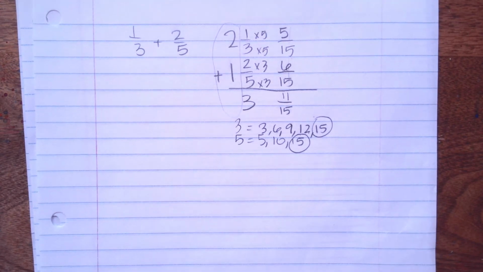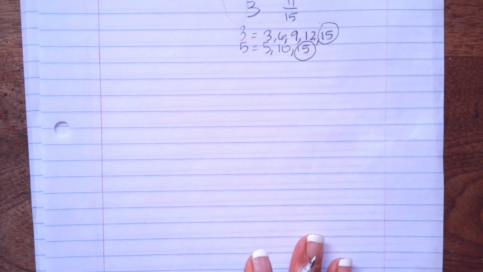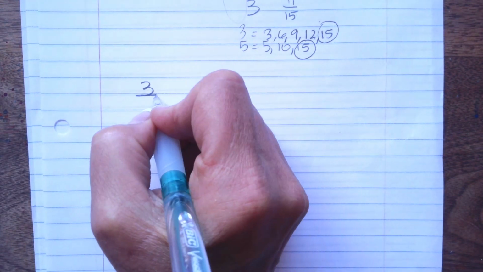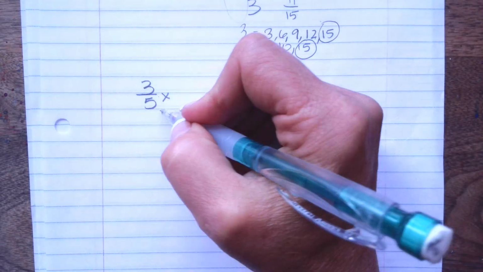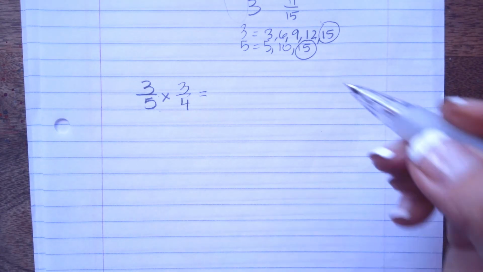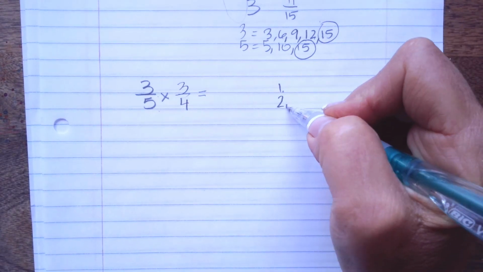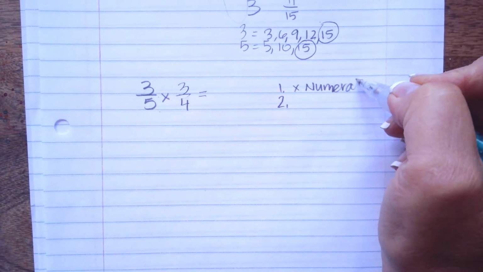Okay. Now I wanted to show you how to multiply fractions. So it's pretty easy. It's way easier than adding fractions. So you're going to do 3/5 times 3/4. You're going to, number 1, multiply your numerators. So write this down, honey.